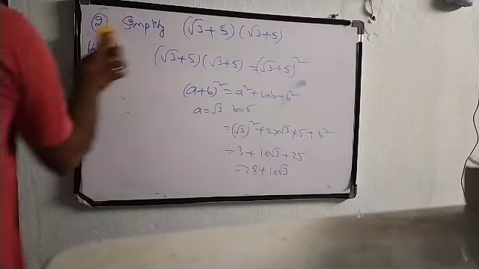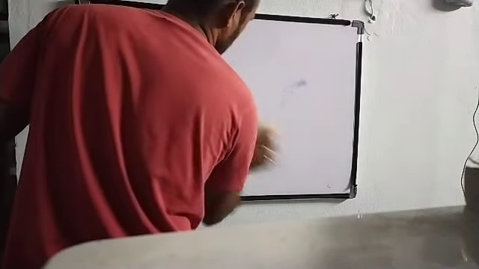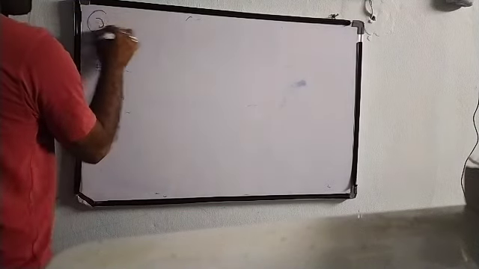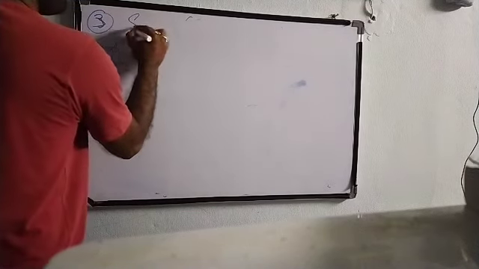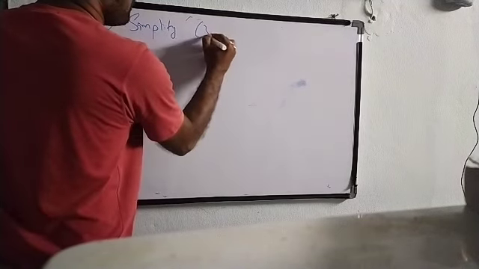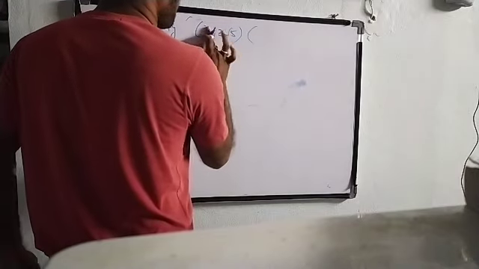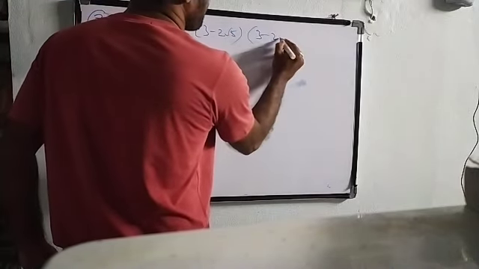So let us take another question, the third one. Simplify (3 minus 2 root 5) into (3 minus 2 root 5).